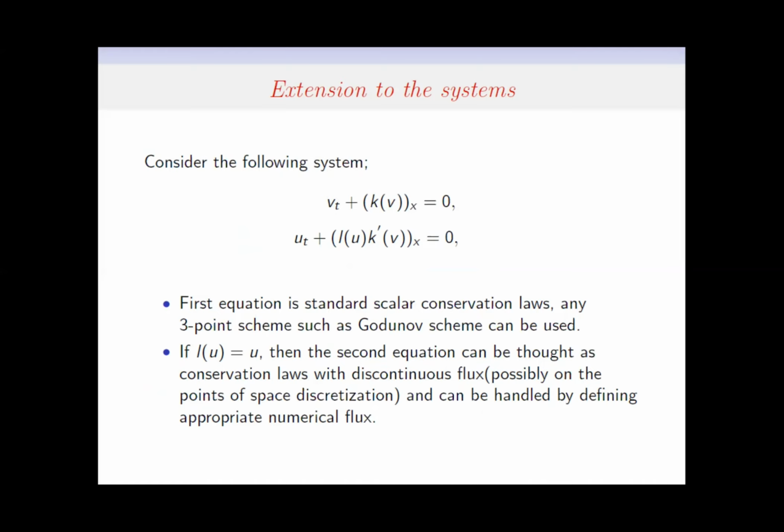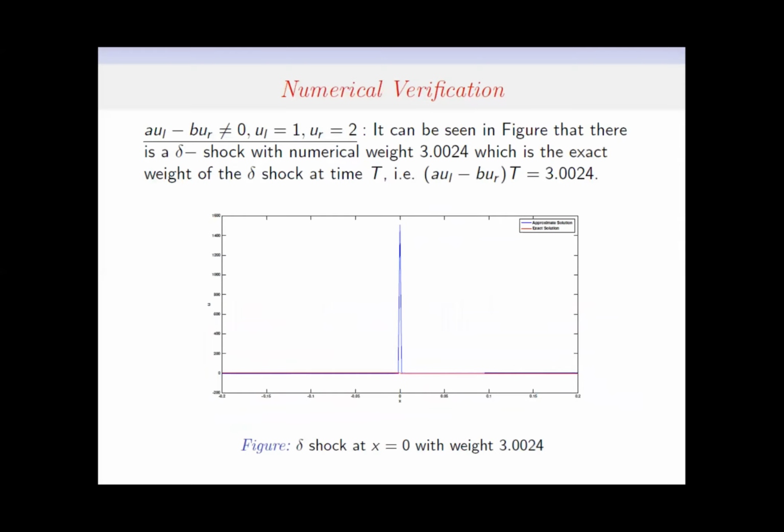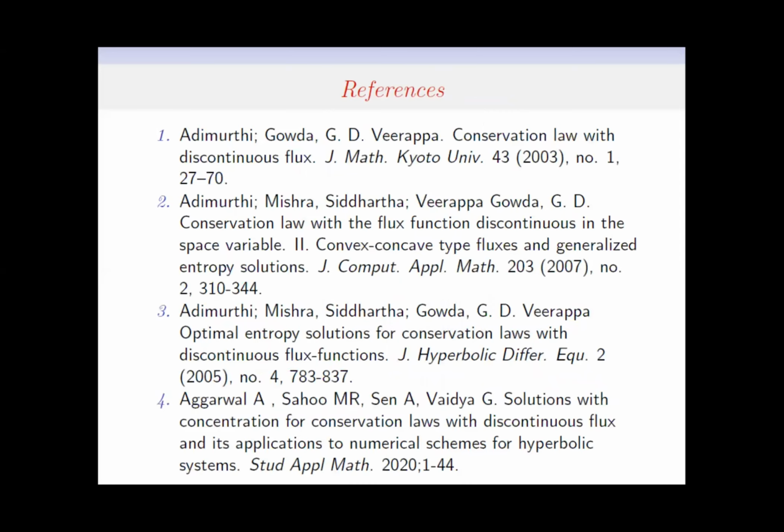So we extended our schemes to this system also. And one picture is going to show that it is numerically verified that at x equal to 0, we have a delta shock, whose weight is 3.0024.